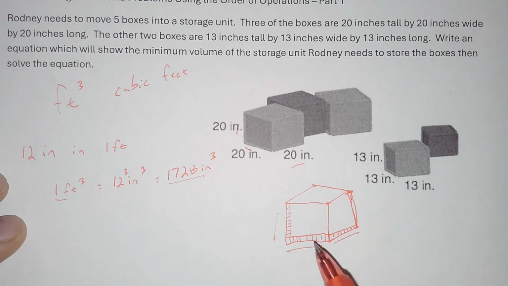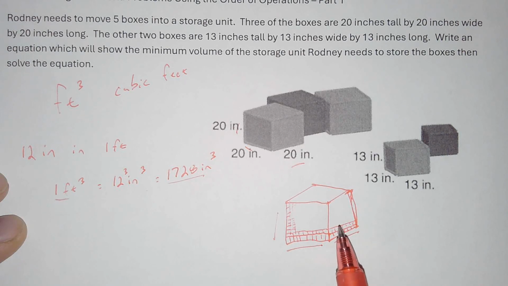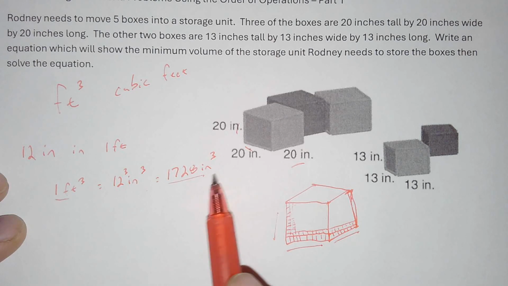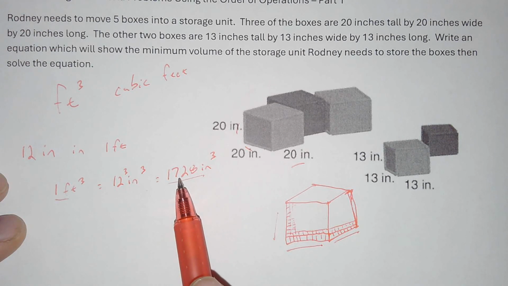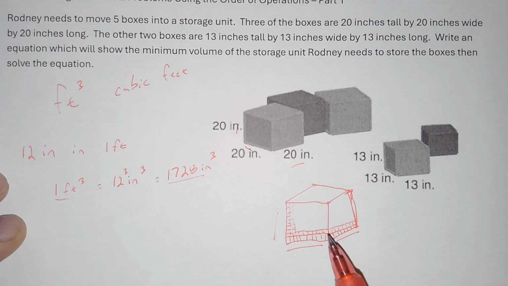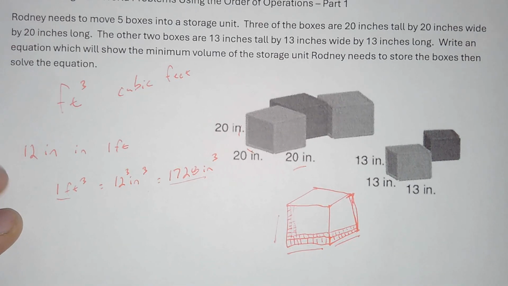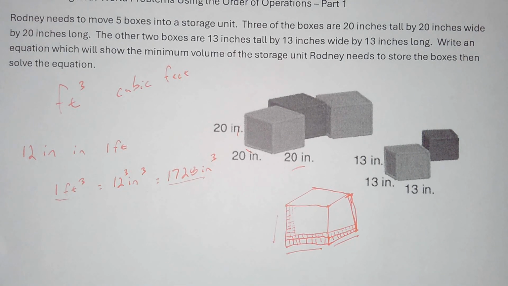So you stack them like this, and it stacks like this, right? So there's going to be rows and rows and columns and columns. It could easily end up being 1,728 cubic inches in 1 foot, right? So that should make some pretty intuitive sense there.